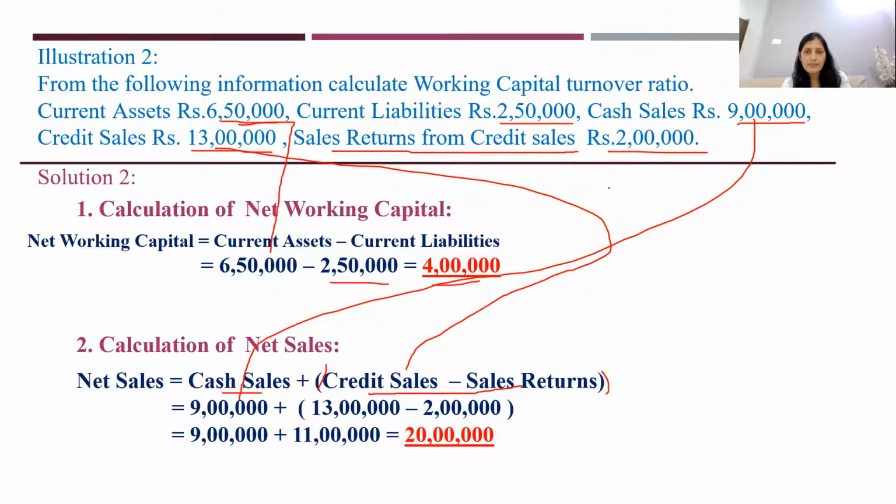Sales returns 2 lakhs, I am taking here minus 2 lakhs. So 9 lakhs as it is, 13 lakhs minus 2 lakhs is 11 lakhs. So 20 lakhs is our net sales.